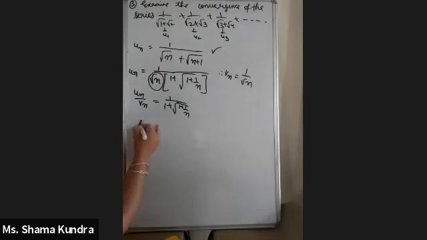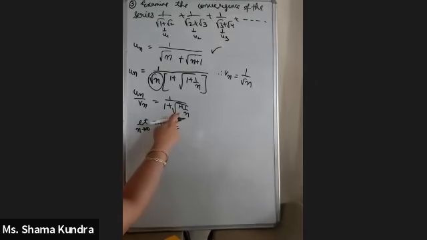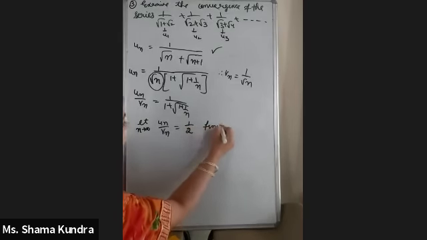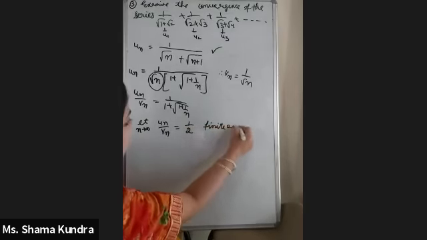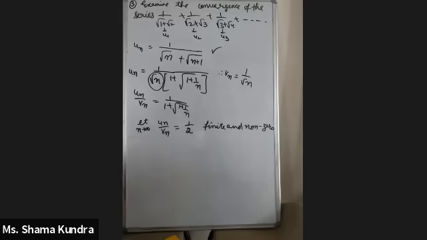Next step is to find the limit. Take the limit as n tends to infinity of un over Vn. 1 over infinity is 0. 0 plus 1, 1. Square root of 1, 1. So 1 plus 1, 2. What we get is 1 by 2, which is finite and non-zero.